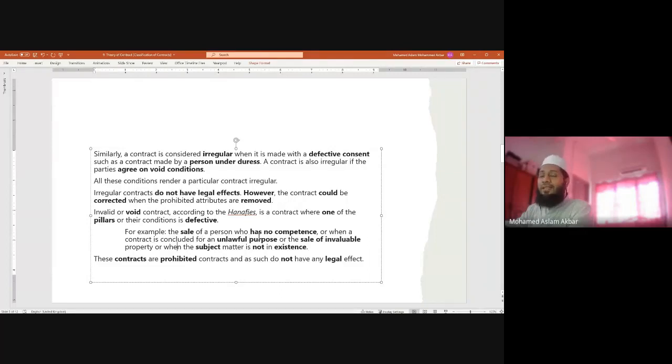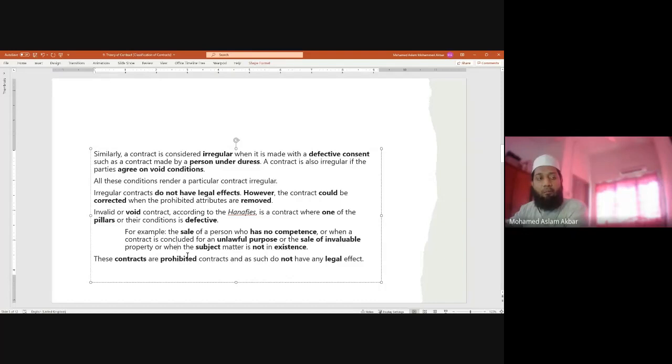They don't call this contract fasid. The contract is done by a person who has no competence, or for an unlawful purpose, or the sale of invaluable property. If you are selling non-valuable property, definitely the sale is not a sale.